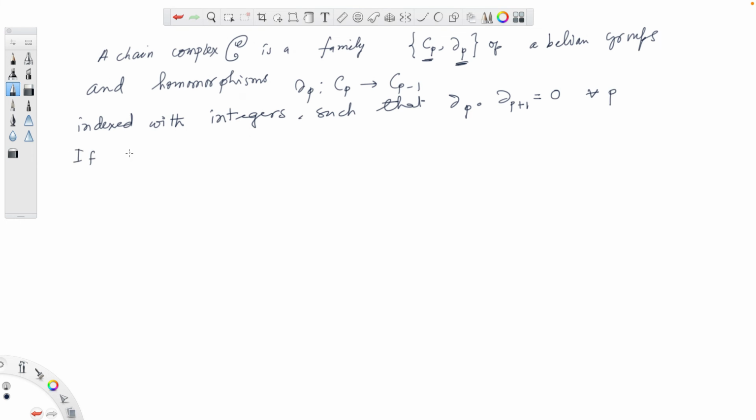Now, if C_p is equal to 0 for all negative p, then C is said to be a non-negative chain complex.